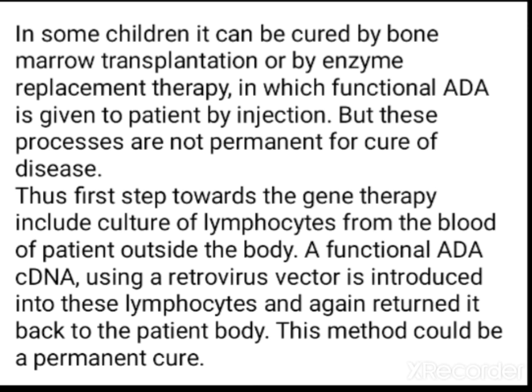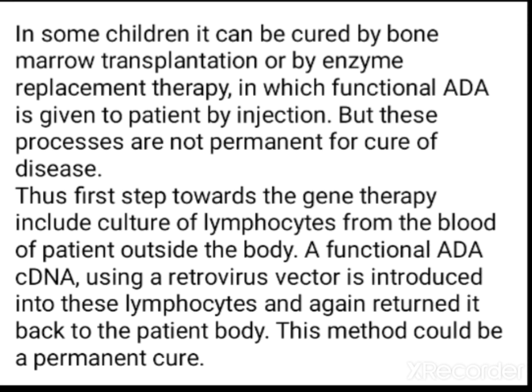The child developing from that zygote will be free from the disease. So at the embryonic condition itself we can give the cure, and then it will be normal. This method is a permanent cure. This is the final method, the permanent cure for ADA deficiency, which is known as SCID, severe combined immunodeficiency syndrome.